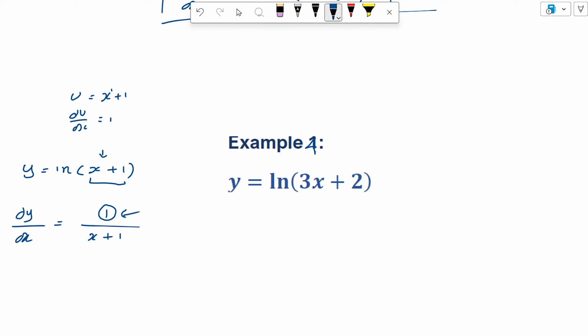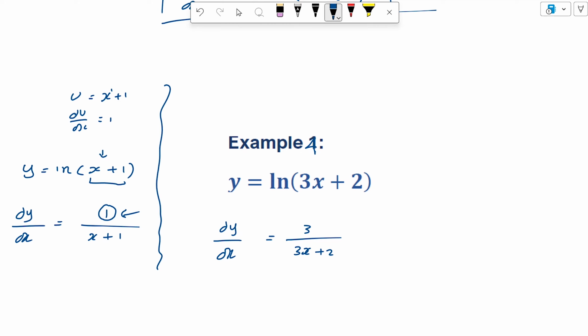So let us differentiate this. I'm just going to put a divider here. dy over dx is equal to 3 over 3x plus 2.